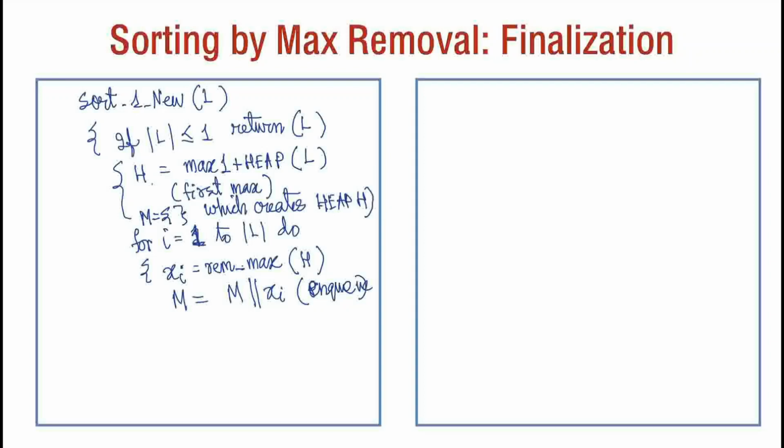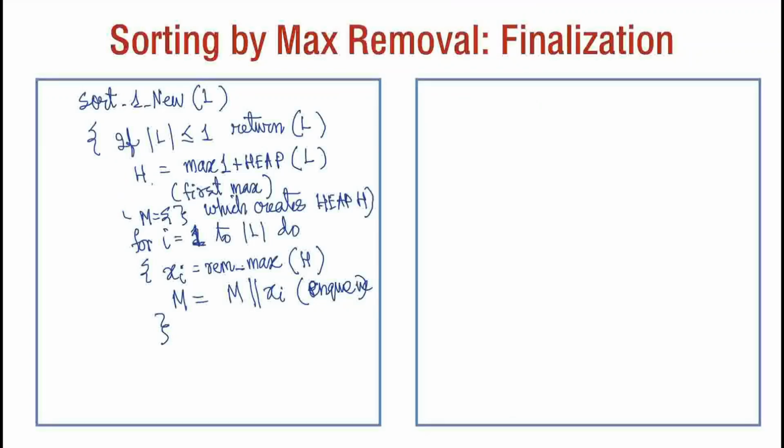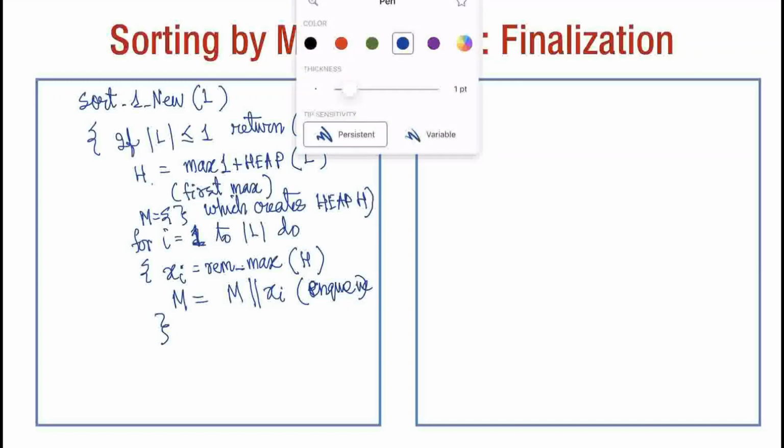An NQ operator into M. We have created M as a Q, and once we do this, we will simply get our final algorithm. Let me also make a small change here. So this is how we get our final algorithm.